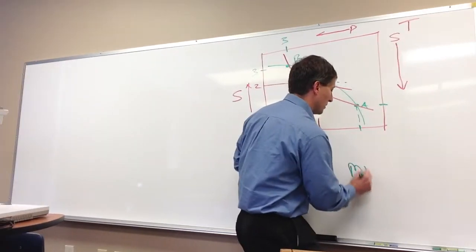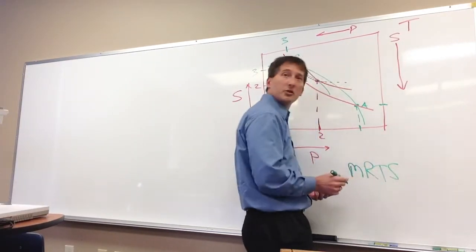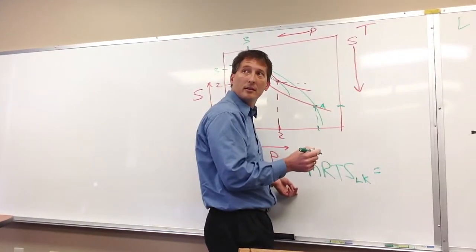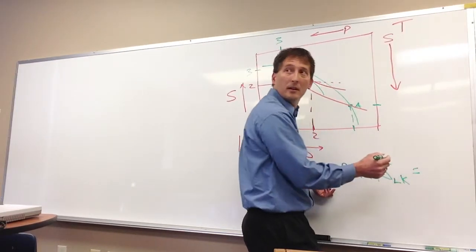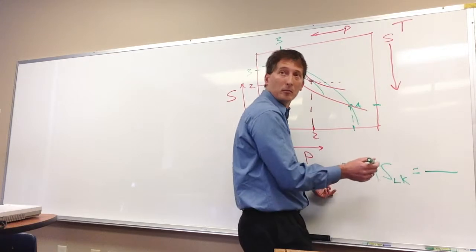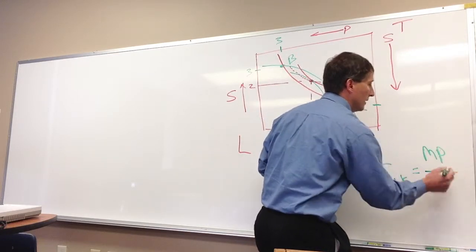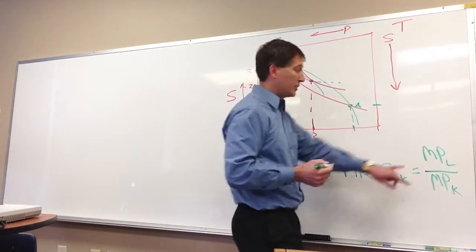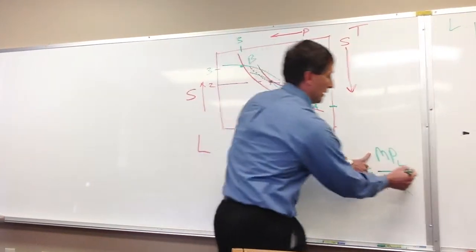Good. So marginal rate of technical substitution of labor for capital equals, but what is it in detail? How did we solve that? Marginal product of labor over the marginal product of capital. So it was the ratio of the marginal products.